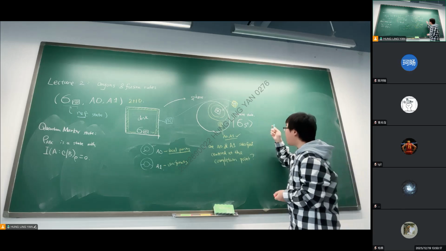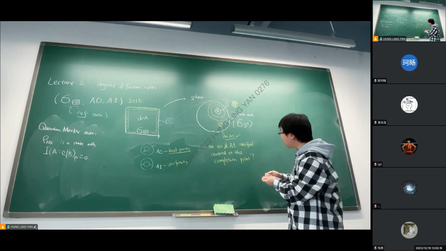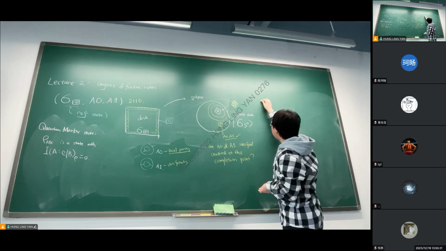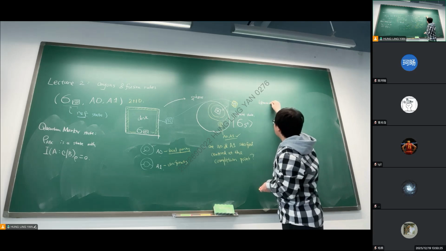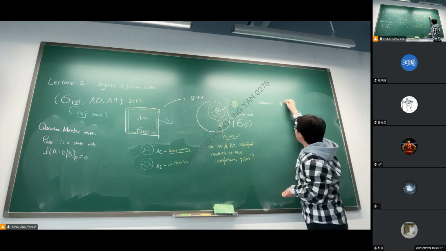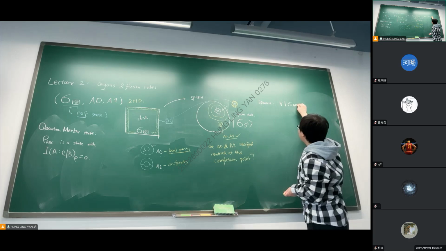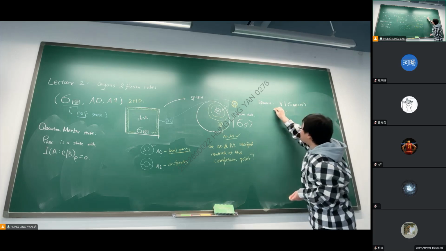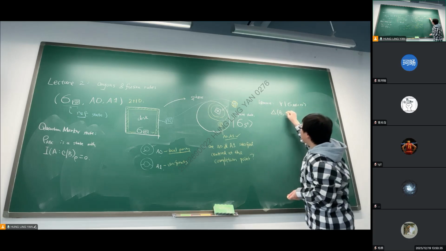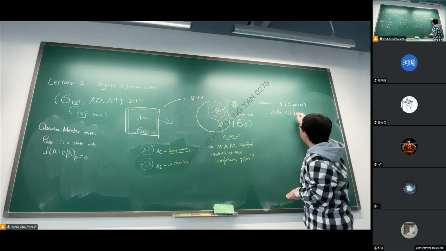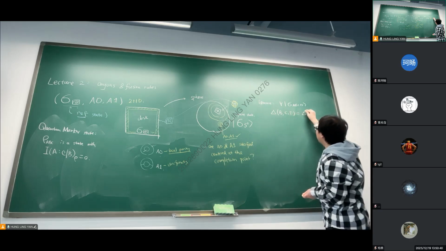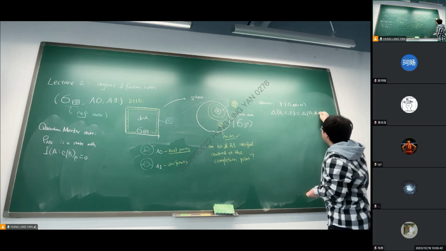The reason is that it follows from a very simple fact. For any pure state on B, C, and D, delta BCD equals delta BAD.